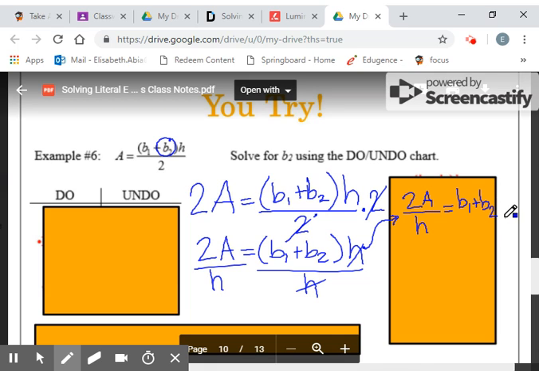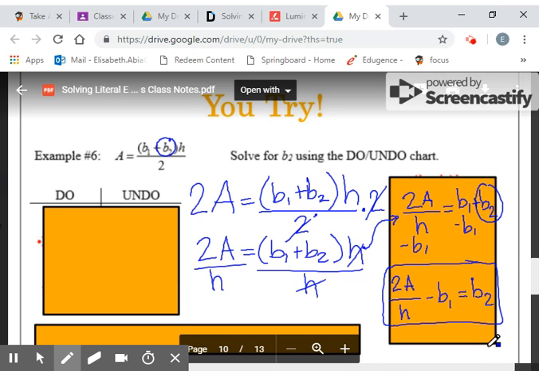I drop the parentheses now because I don't need them. And remember, we're getting this one by itself, base 2. So we're going to subtract b, or base 1, from both sides. And our final equation, 2a divided by the height minus base 1 is equal to base 2. And that's our final equation.